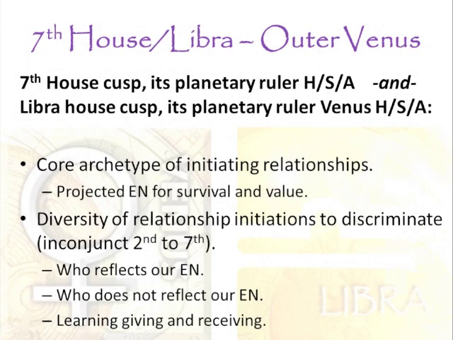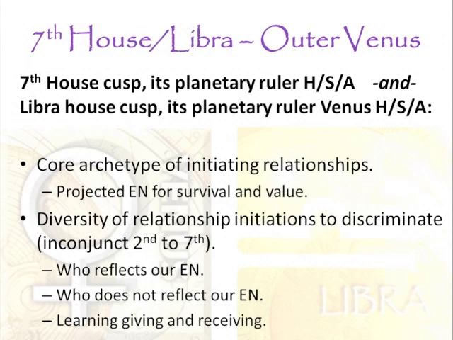So we will do this on that 7th house cusp through the diversity of relationships that we will initiate in order to discriminate who meets and does not meet our essential needs.